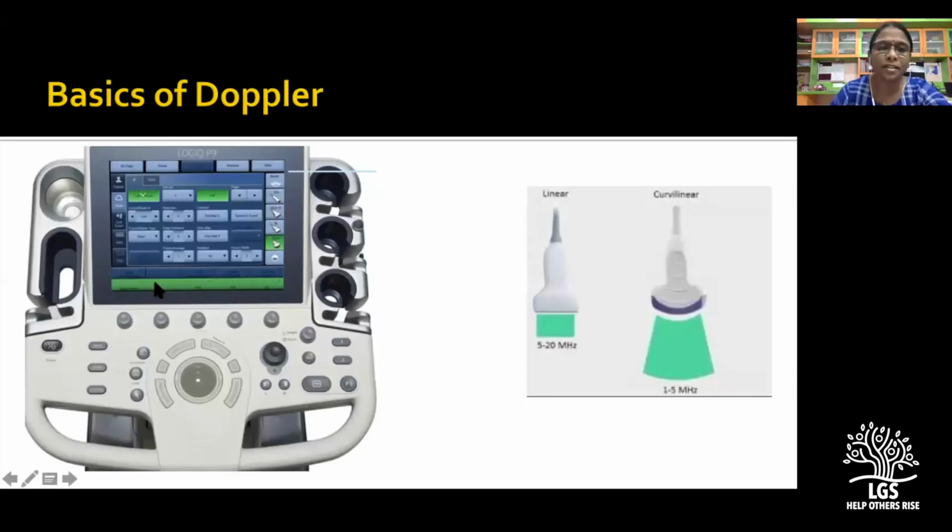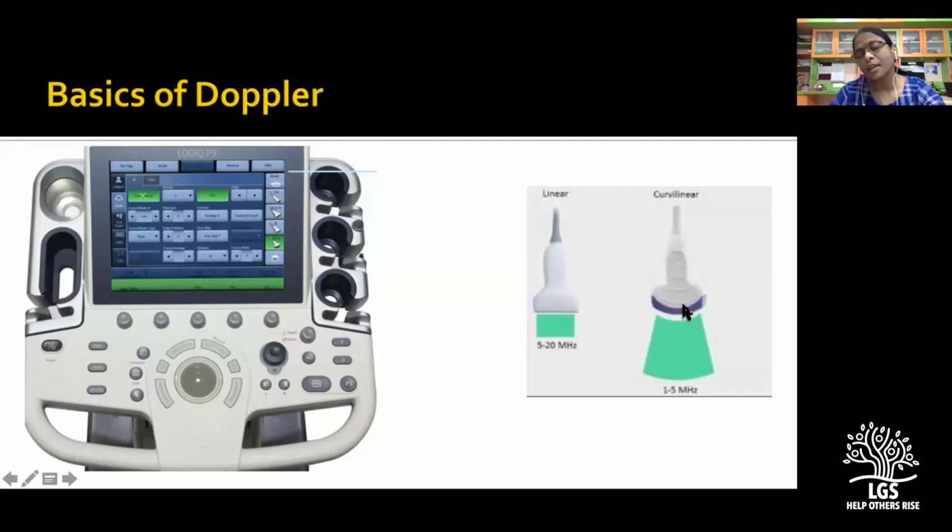And this is the machine we use in our unit, the Logiq P9. This knob indicates the B mode, this is for color Doppler, and this is the spectral Doppler. And there is a thing called PD, the pulsed Doppler. This is mainly used whenever there is a slow flow, because rather than the Doppler shift, it picks up the amplitude. And the transducers we use are these two types.